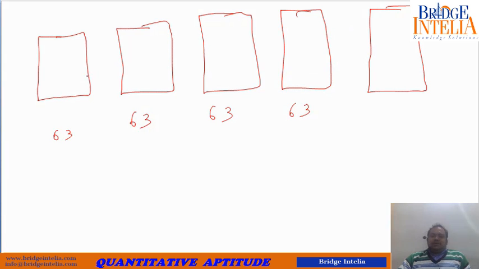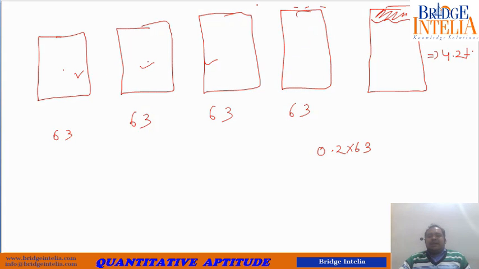So 4 times will be taken care of by these 4 containers, and the remaining 0.2 times will be filled with water. What amount of water additionally are you going to pour? That is 0.2 into 63, which is equal to 12.6.